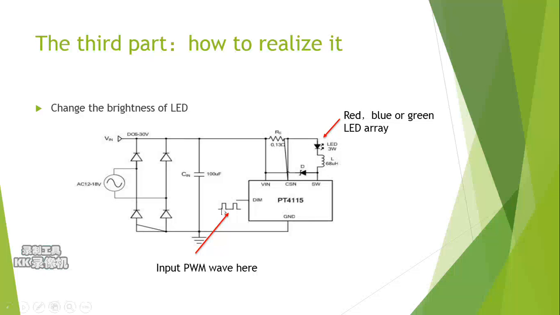Here, if we want to change the brightness of LED, all we need to do is change the duty ratio of PWM wave here, and we use different colors LED arrays here.